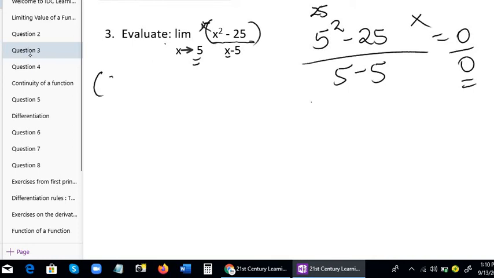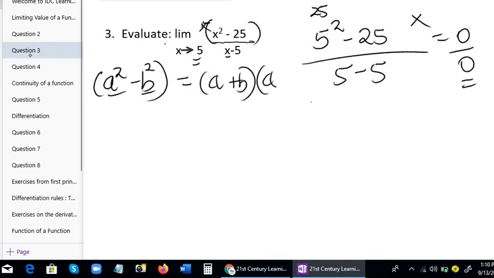If you have a squared minus b squared, it's the same as (a plus b) times (a minus b). Here we have x squared minus 25, and this 25 is the same thing as 5 raised to the power of 2, so it's a perfect square.